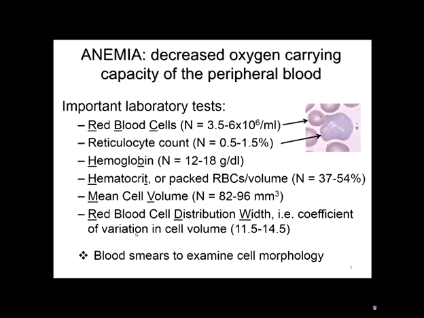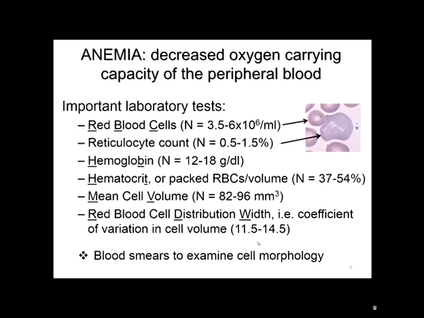And then the cells can vary in size. Normally you have a little bit of variation in red cell volume. And the normal coefficient is this, 11.5 to 14.5. But in cases where a patient develops, especially with certain kinds of anemia, the variation in cell size increases a lot, and so that coefficient is also going to increase.